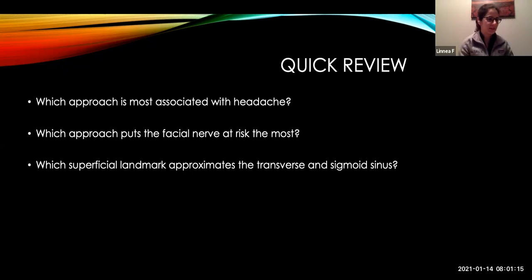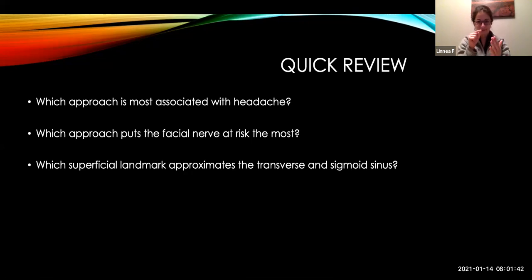So more for retrosig, which superficial landmark approximates the transverse and sigmoid sinus? I feel like we don't really get into suture lines as much as neurosurgeons do, and maybe we should. I'll give a neurosurgery-oriented approach, but it's the asterion. That's the junction of the lambdoid, parietomastoid, and occipitomastoid suture lines.